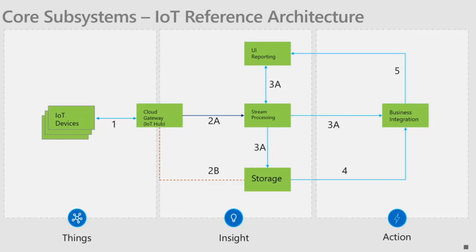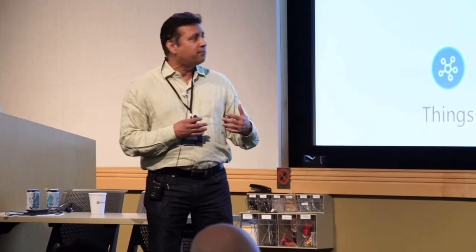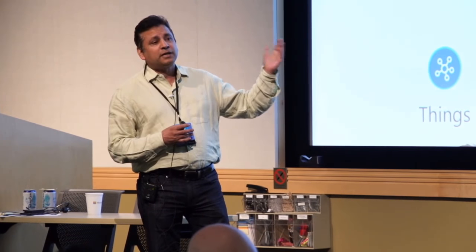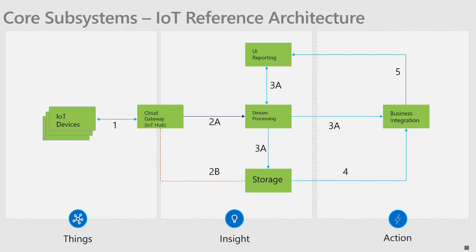Sometimes we take this data directly to Spark, which you have seen in the first session, if you were here, on how to use Spark to analyze all the data coming in. Sometimes you take the data directly into storage, or the data comes into storage after Spark. And then that data can go to business integration. As we talked about, once we have the insight, we can take action to really harness all the data coming out of those IoT devices.